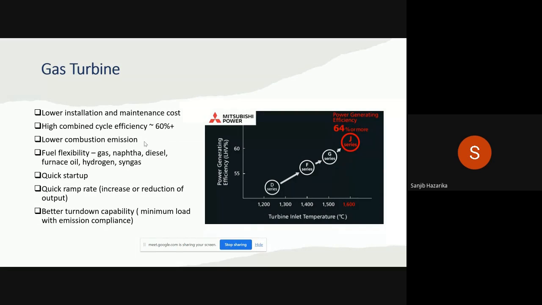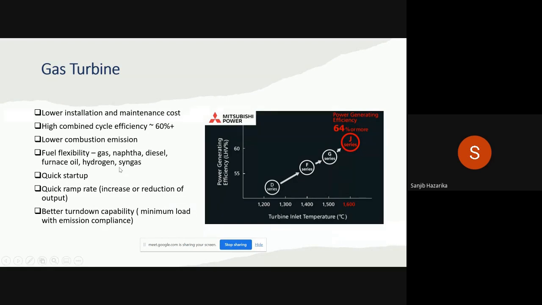Some gas turbines can also operate on furnace oil. Then hydrogen can also be used. And then synthetic gases, basically gases coming from blast furnaces, or some gases that come from process industry, that also have some energy that can be used to produce heat.